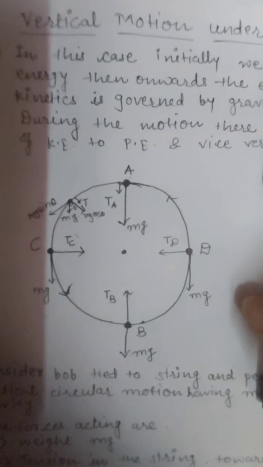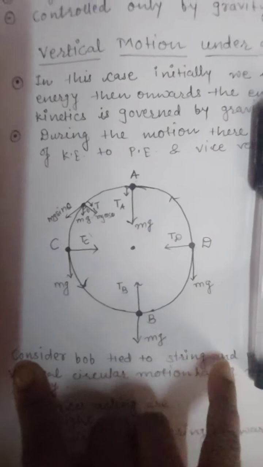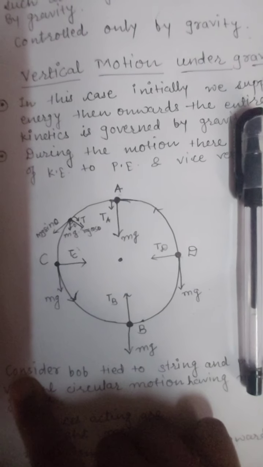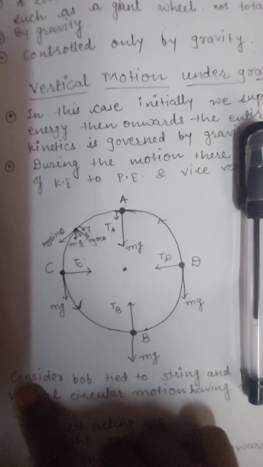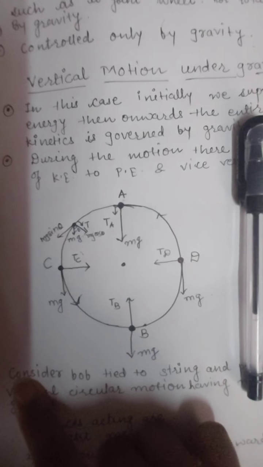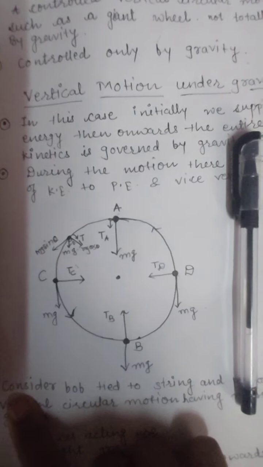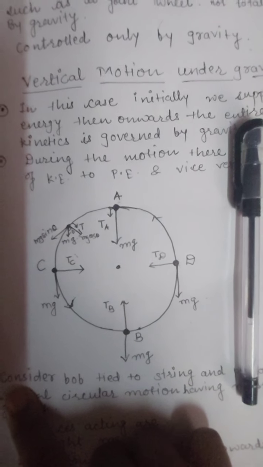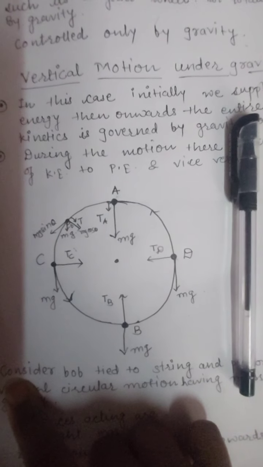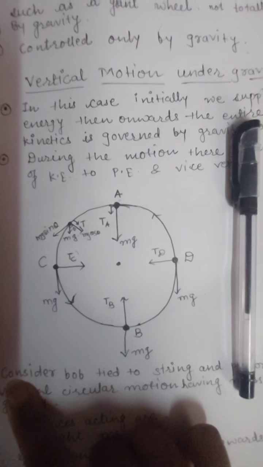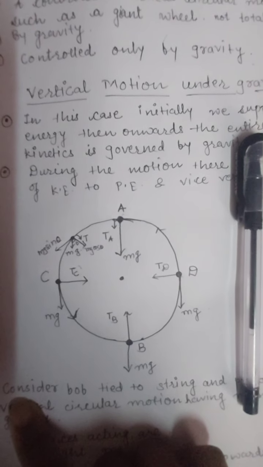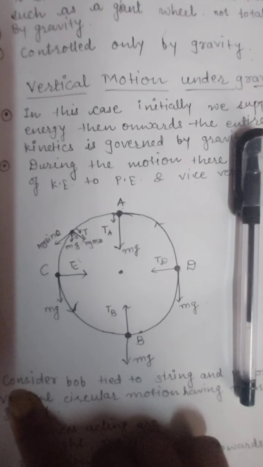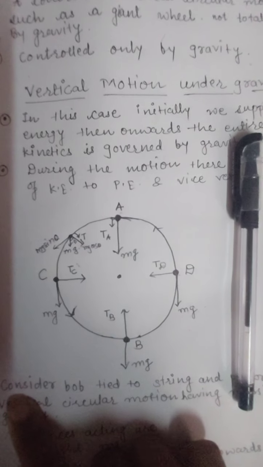At the lowest position, the vector sum of TB, the tension at position B, and mg is equal to the centripetal force, mvb square upon r.